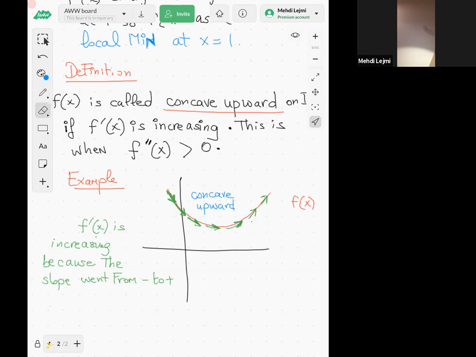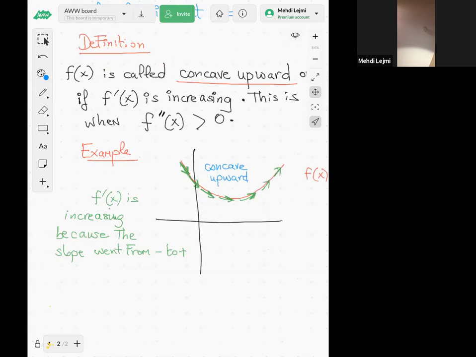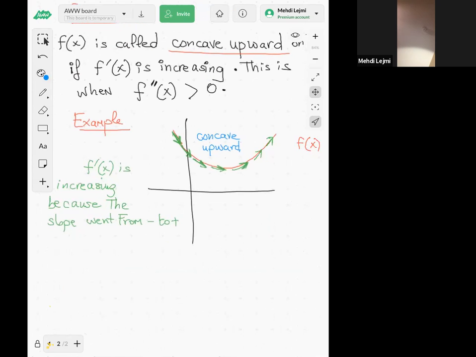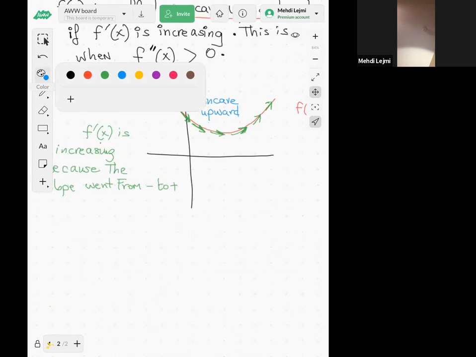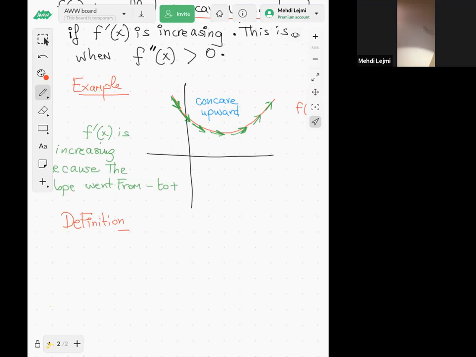Now, concave downward. So that's when the derivative is decreasing. So this is a definition. So f of x is called concave downward, right?